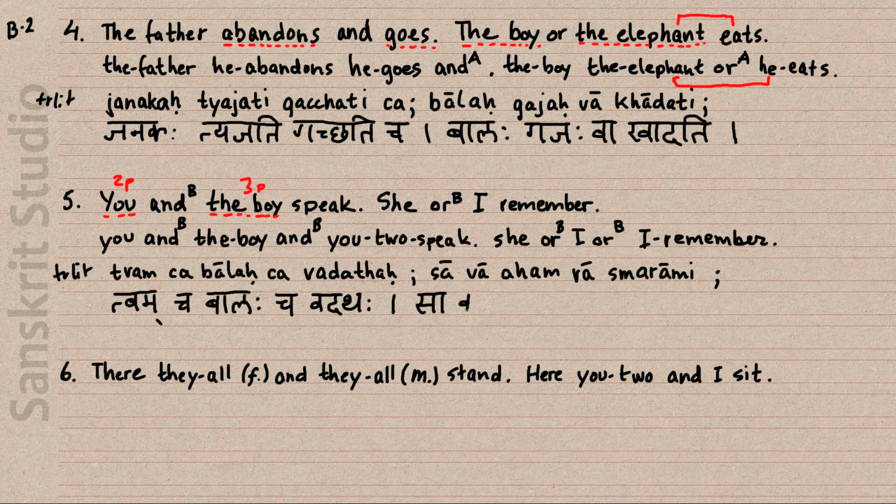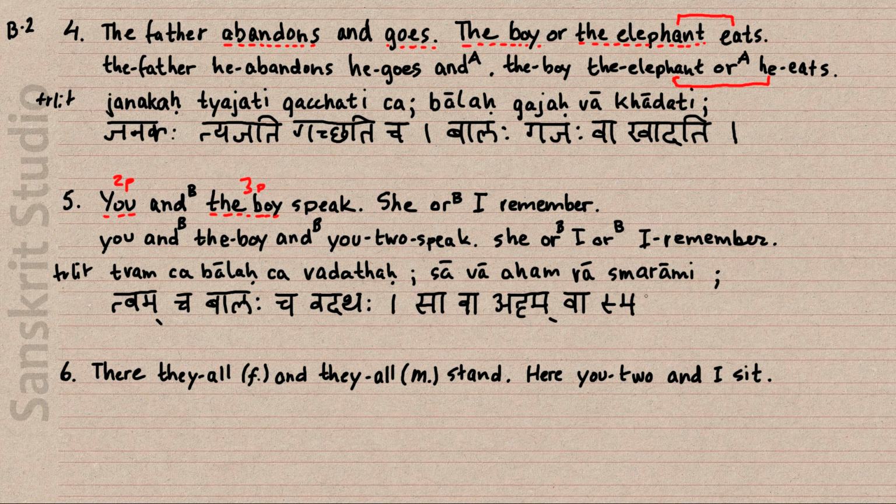We have a sa, va, and we have an aham, another va here. It's B syntax, so we have two vas.